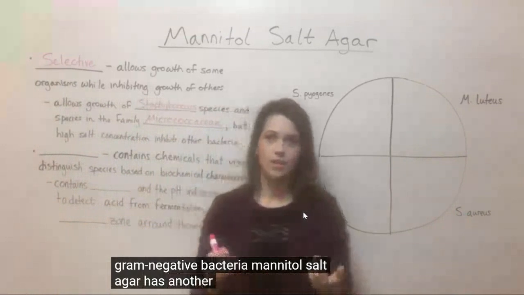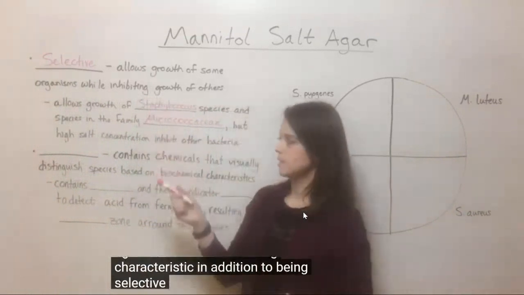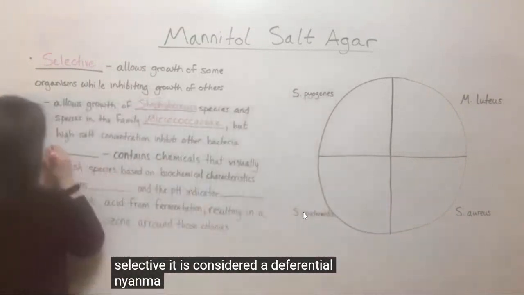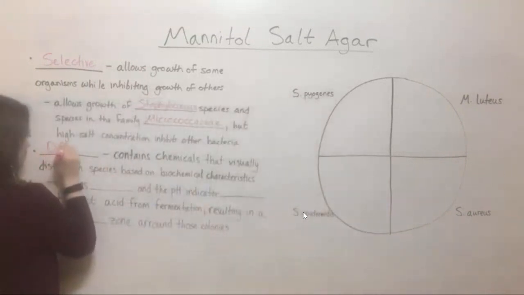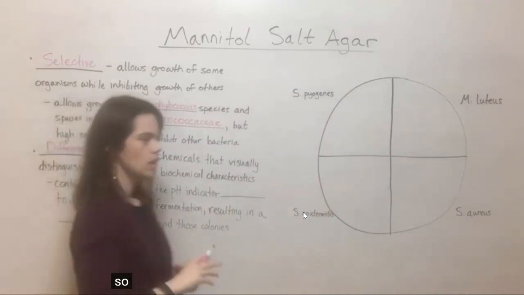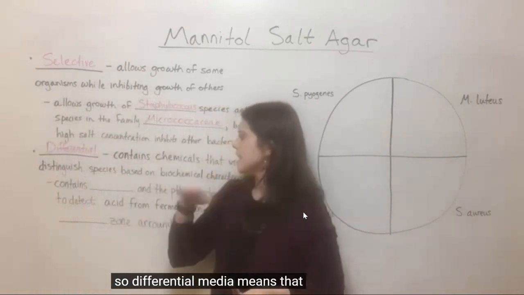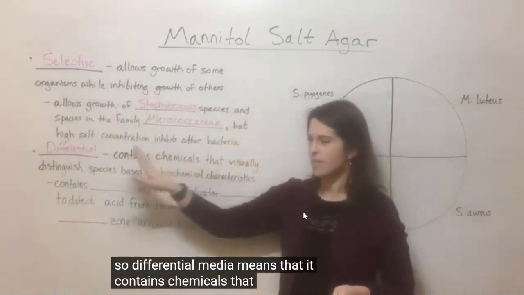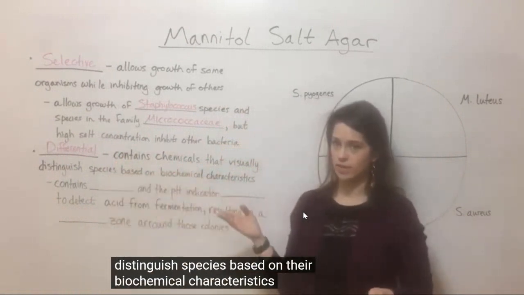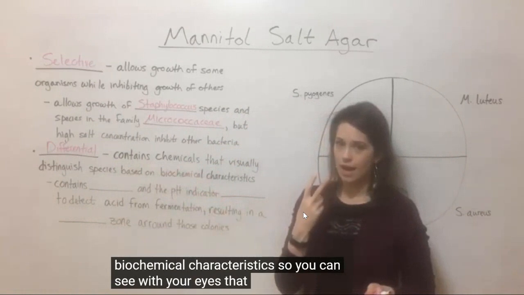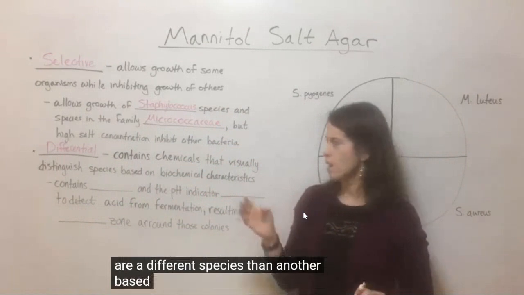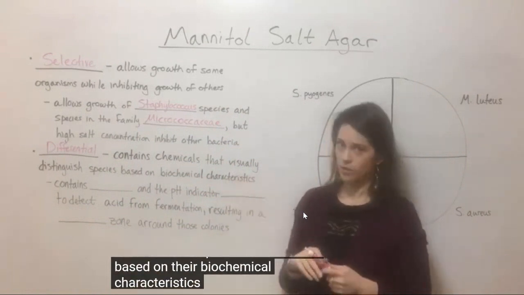Mannitol salt agar has another interesting characteristic. In addition to being selective, it is considered a differential. So differential media means that it contains chemicals that visually distinguish species based on their biochemical characteristics. So you can see with your eyes that some colonies are a different species than another based on their biochemical characteristics.